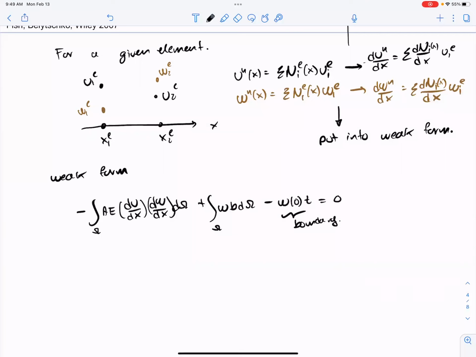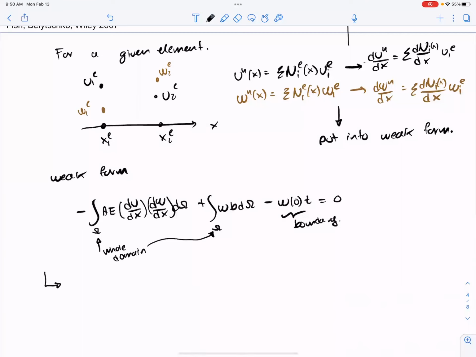This is an integral over the entire domain. But for integrals, you don't have to do the integral over the entire domain; you can do it in chunks.